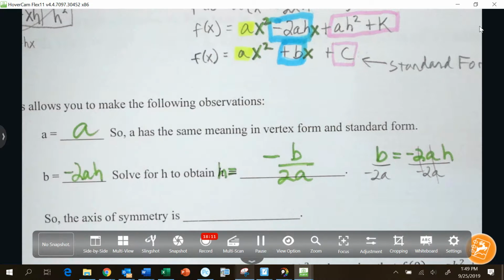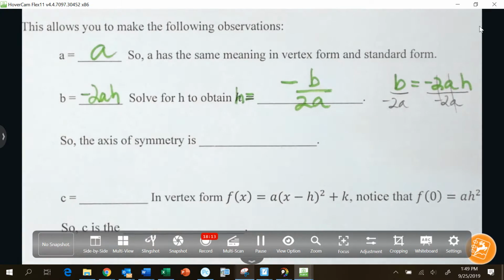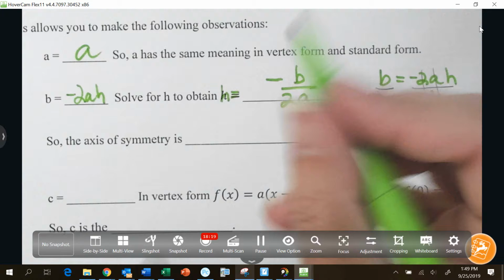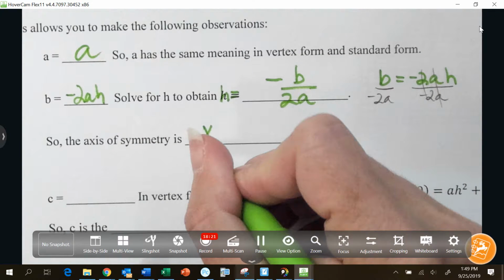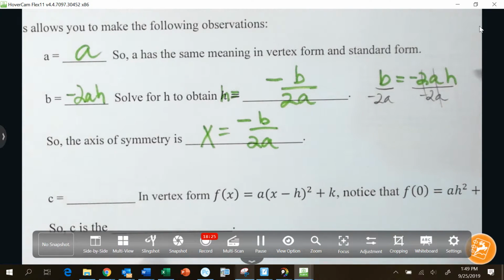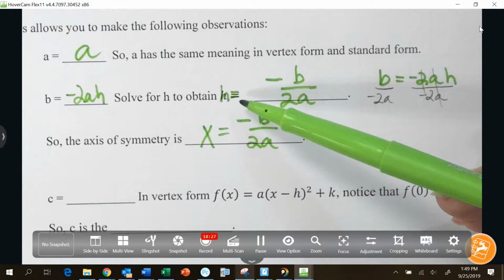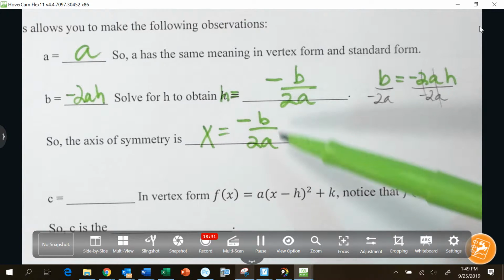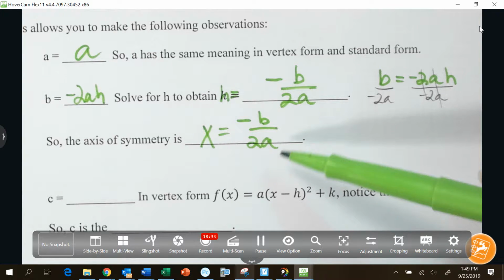That just tells you how we got the formula. This is the axis of symmetry. The axis of symmetry is x equals negative b over 2a. Because the axis of symmetry before was whatever h was in vertex form, so now it's negative b over 2a.